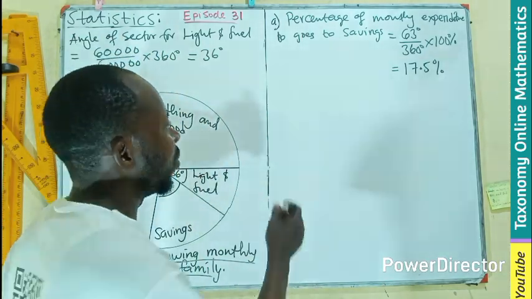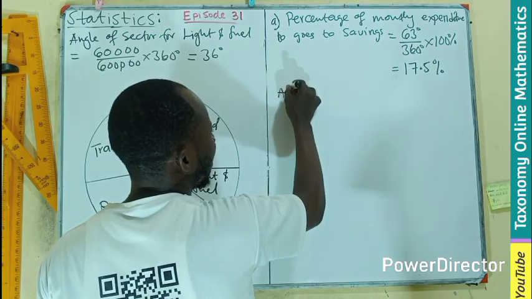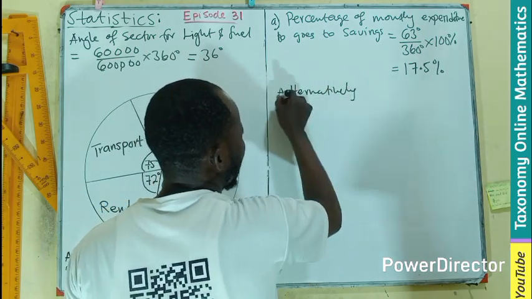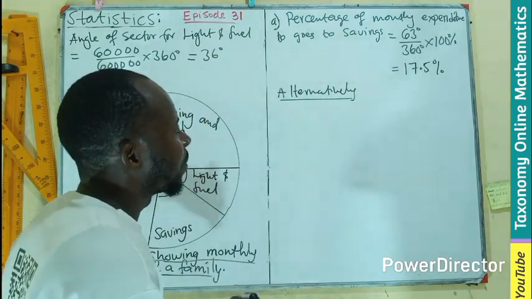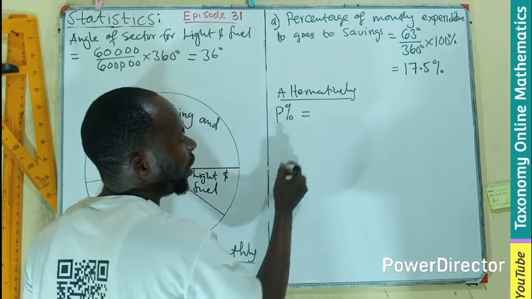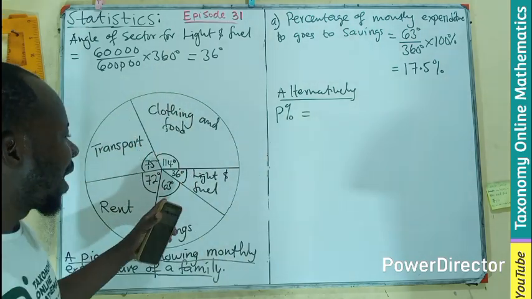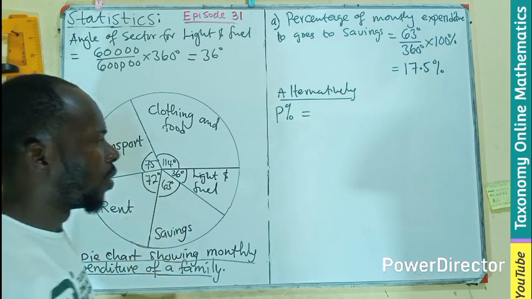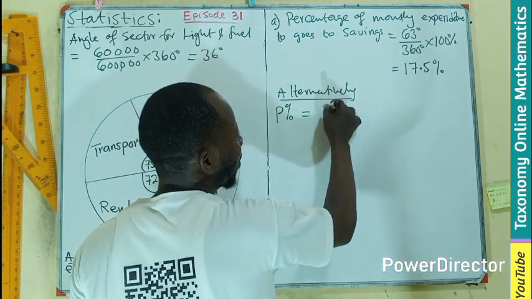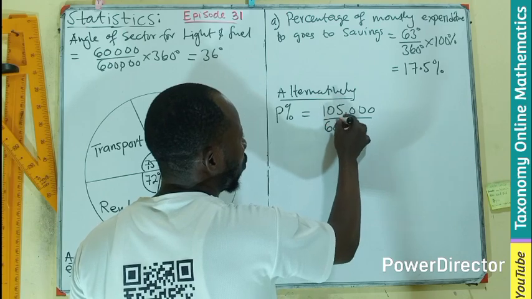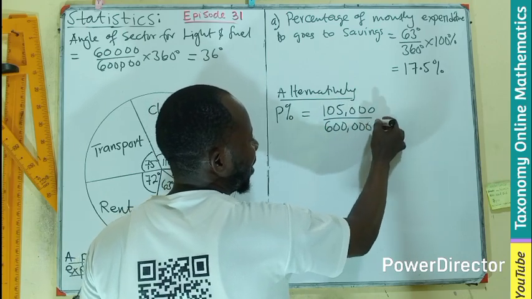But we can also use the item directly. So I'm just going to write here, percentage will be equal to the amount spent. I think the amount spent was 105,000, then divided by the total amount, which is the monthly income.